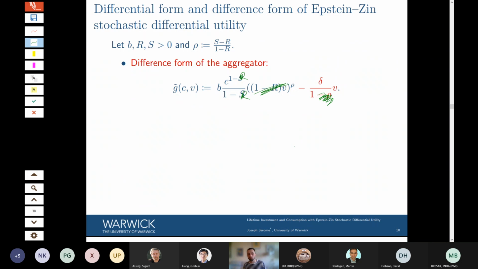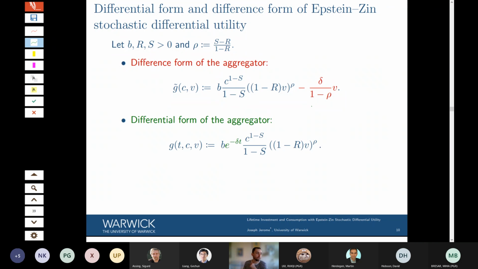So this is just the difference form of time additive discounted expected utility that I mentioned before. As in that case, we expect that this might present us with some difficulties because of the integrability. Then we're also going to introduce this new form of Epstein-Zin stochastic differential utility, which has the aggregator given by the following.